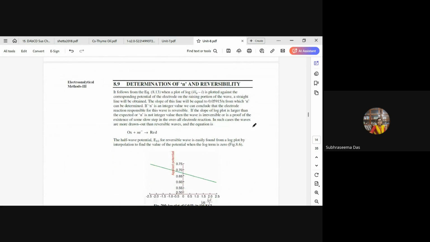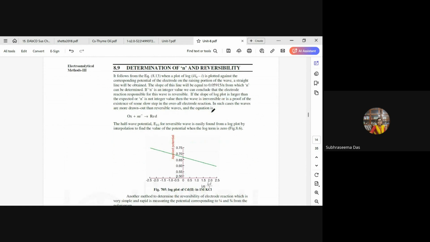Then coming to determination of n and reversibility. Now from equation 8.13 we see that if log of I by ID minus I is plotted against the potential, then a straight line is obtained. The slope of this line is equal to 0.0591 by n. If n is an integer, we can say that the electrode reaction for this wave is reversible. Now, if the slope of this log plot is larger than expected for n, then it is an irreversible reaction.